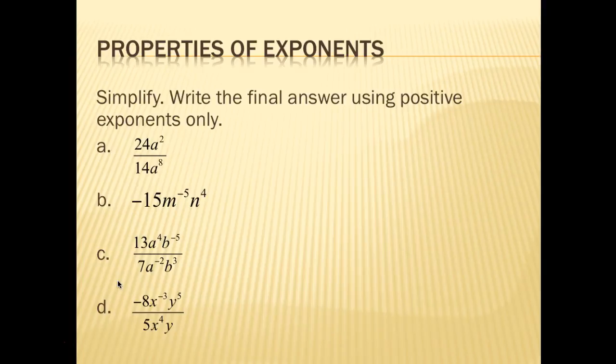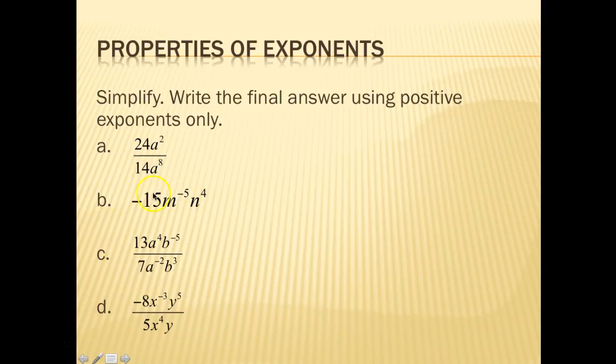So please pause the video. Your goal here is to simplify and make sure that all the exponents are positive exponents. Please note that on some of the instructional notes, some of these negatives did not come through when I saved them to the PDF file. Please make sure that the negatives on the exponents are there before you work the problem, because that will give you a different answer.